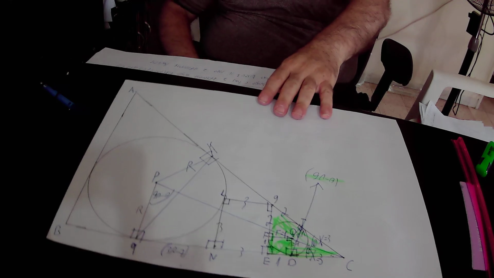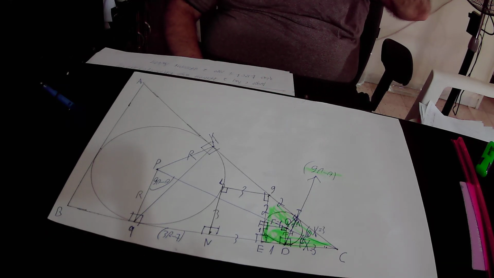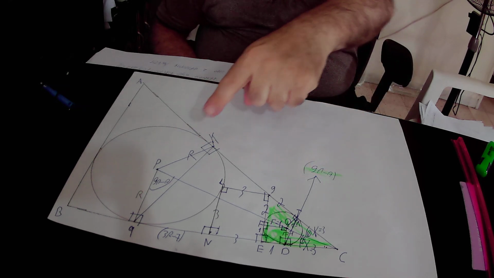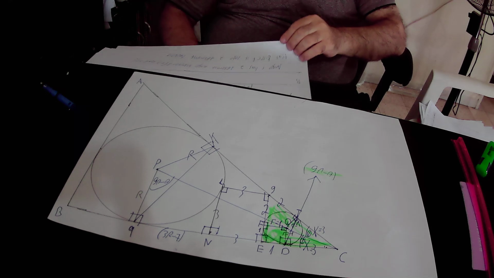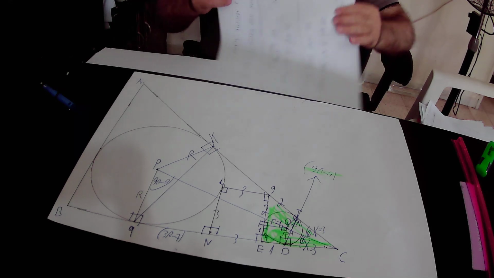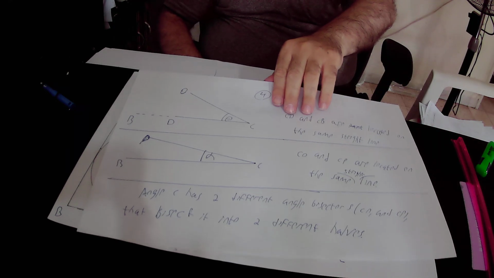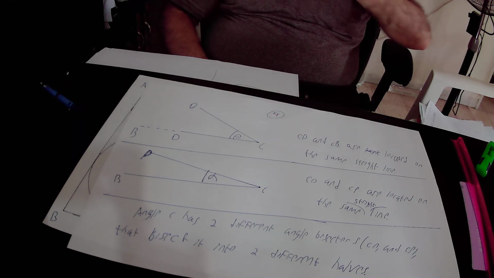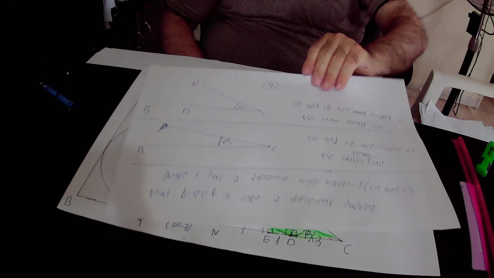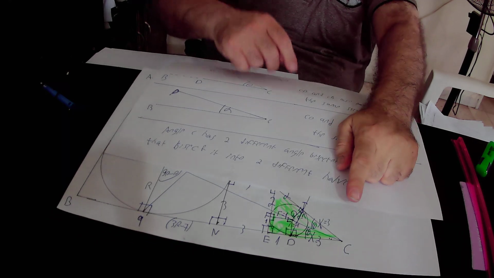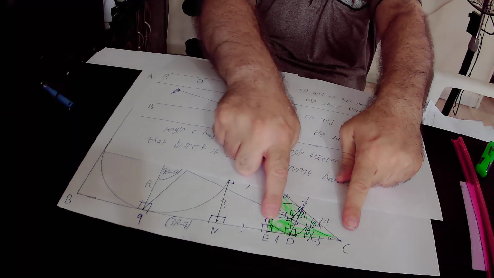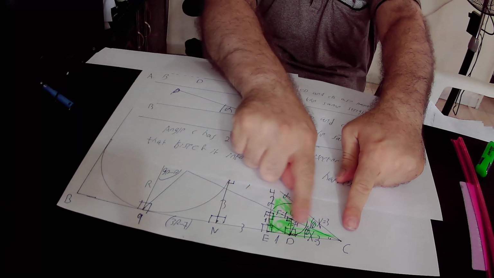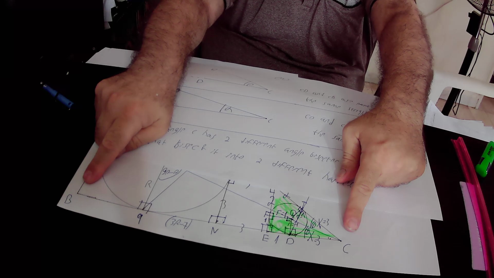So here, let's start with the proof. We have the assumption that CO doesn't pass through point P. If CO doesn't pass through point P, then we will have here two angles. We have angle OCD that is equal to theta. And it is very easy to see from the drawing that CD is part of CB. Again, CD is part of CB.